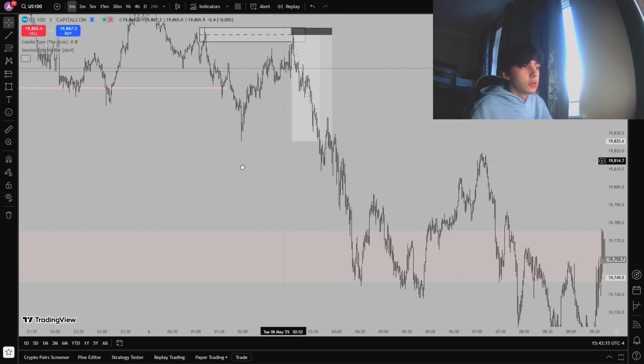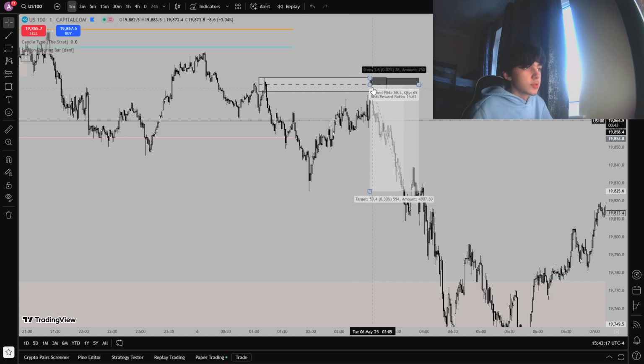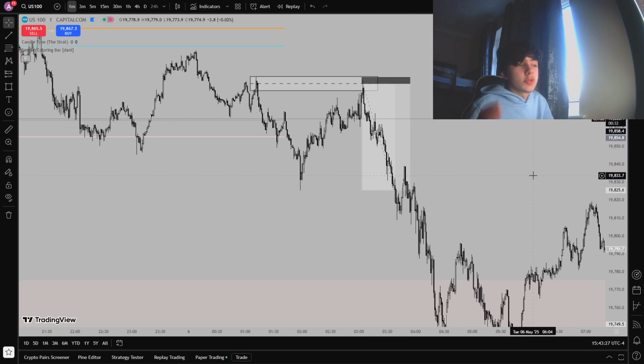I targeted these lows for about 17R. I'll put the PNL somewhere, in my Discord.